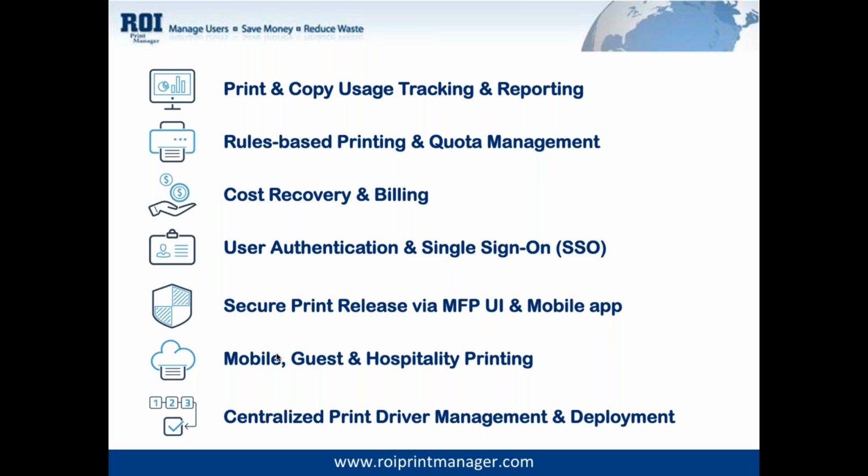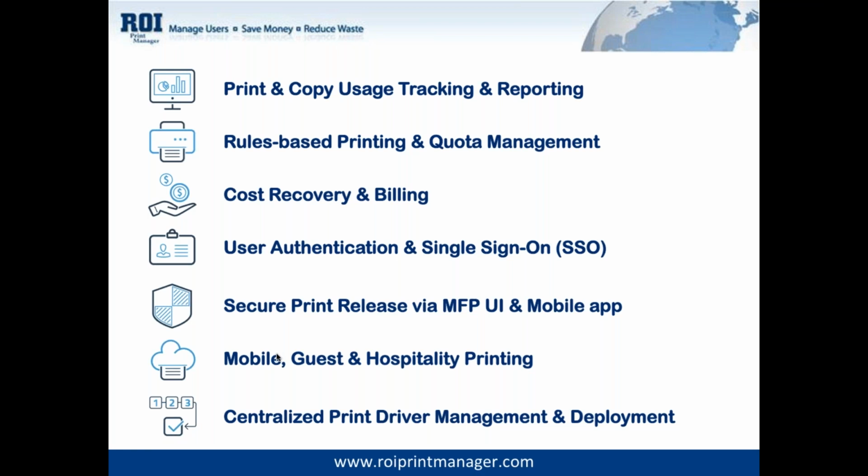When they're releasing jobs at network printers, obviously we don't have a control panel on network printers, but we offer network card readers, and we also offer the functionality of our mobile app to release jobs to any network connected print device.